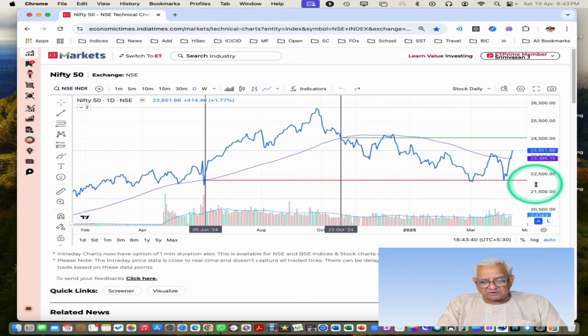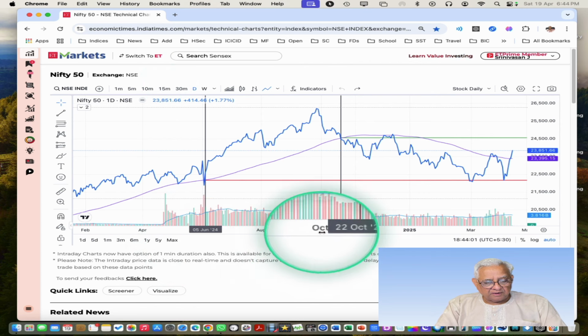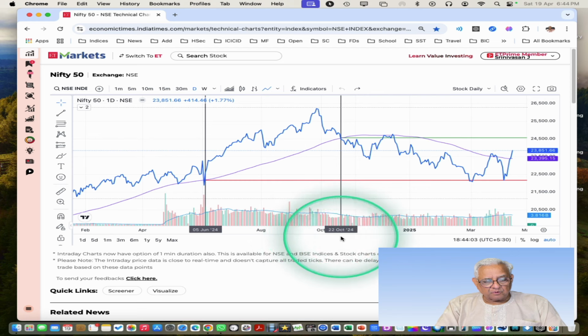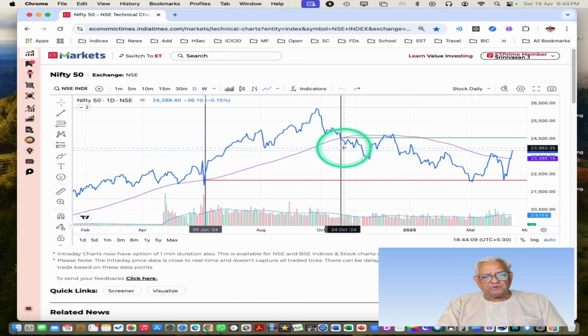The red line is approximately 22,250 or 300 and the sell line is approximately 24,500, or in other words approximately 10%. A 10% gain between 5th June and 22nd October. A few months. In a few months, I increased my portfolio value by 10%.